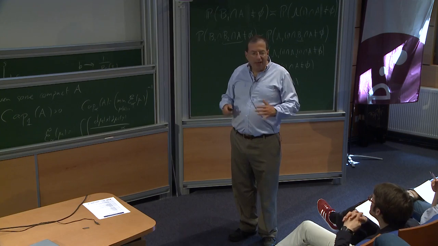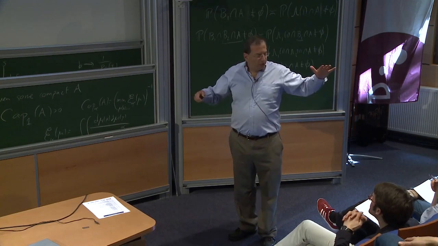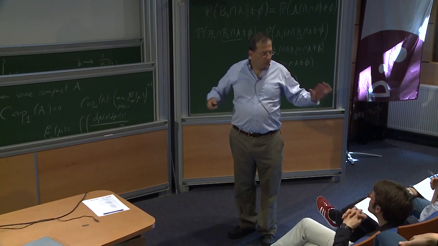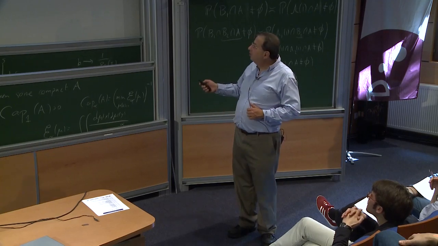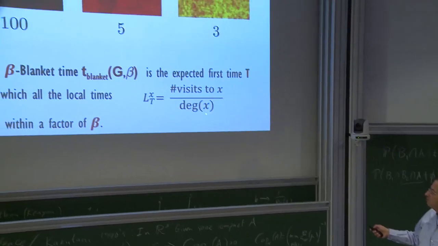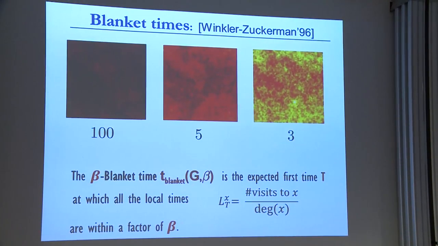So they asked for the blanket time, which is when you cover the graph approximately uniformly. Say all the local times are within factor 2 of each other. Here the local time at the vertex is the number of visits to x normalized by the degree. We normalize by the degree because that's the stationary distribution.